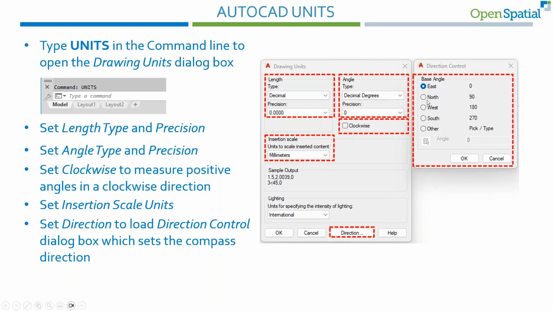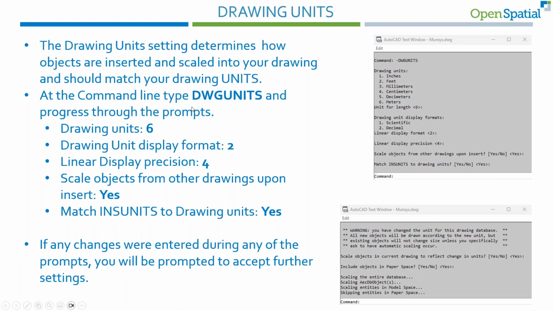In this case, it is anti-clockwise, so you can choose east, north, west, south, so you can swap what is the 0 direction that you are working with. You also have then drawing units. Now that is because you may get information from another, let's say from an engineering company, and when you're inserting it, if you've got feet that worked in meters or vice versa, you may have to scale the information.